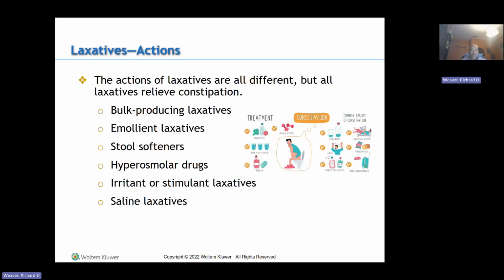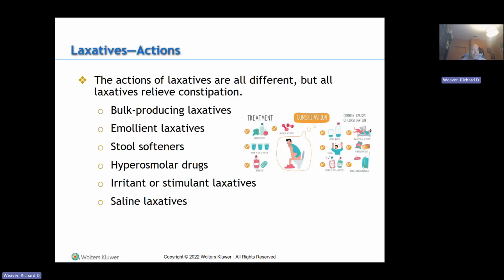This would cause an increase in pressure because of that water in the intestine. And of course, that is going to lead to peristalsis, and then these patients will be able to have a much easier bowel movement. Milk of magnesia is part of the category of saline laxatives.